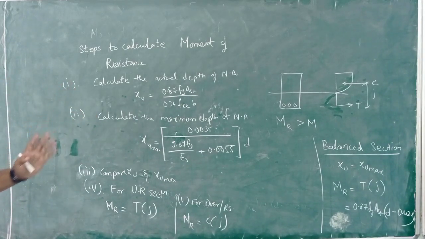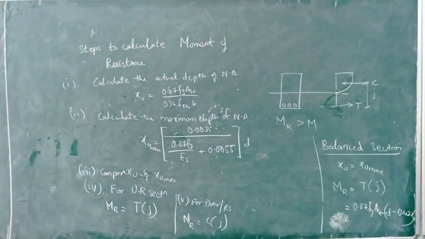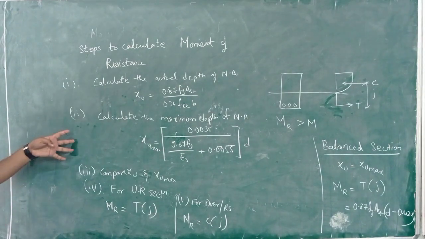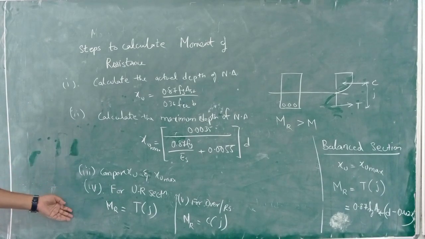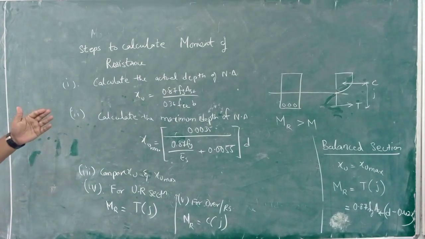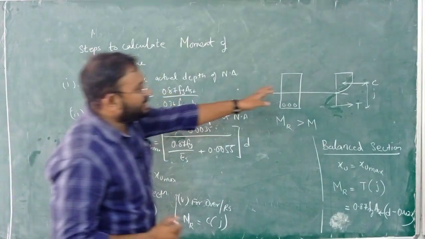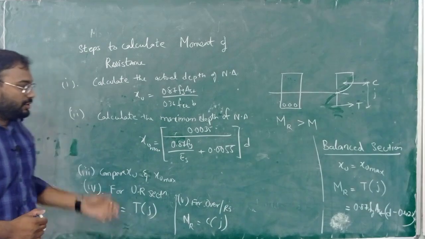For under reinforced section, moment of resistance will be equal to T multiplied by J. Similarly, if you have an over reinforced section, moment of resistance will be C multiplied by J. Similarly, you can also have a balanced section, but that is not possible at all.